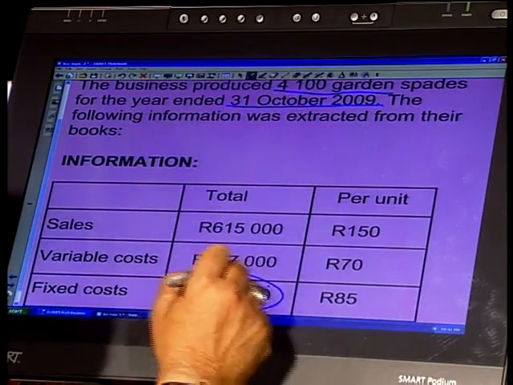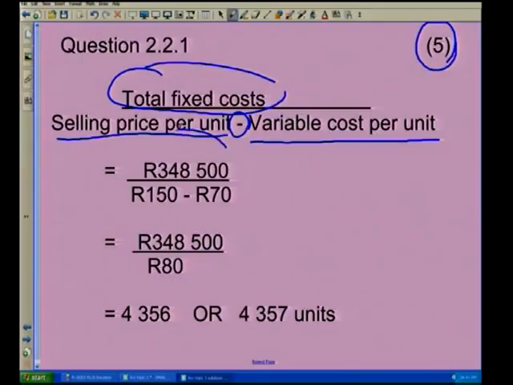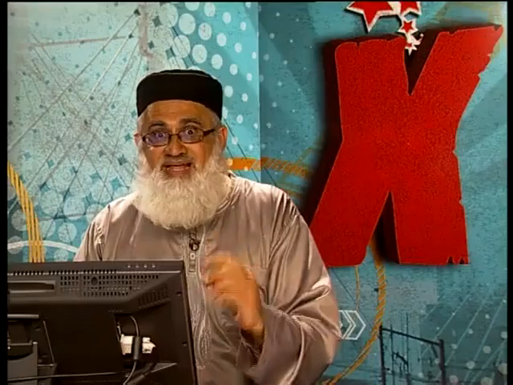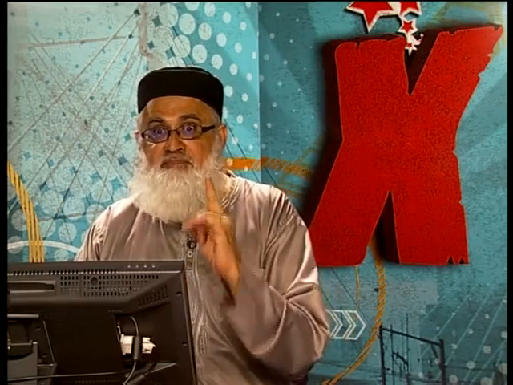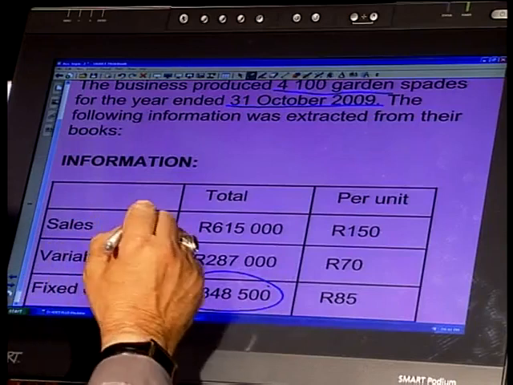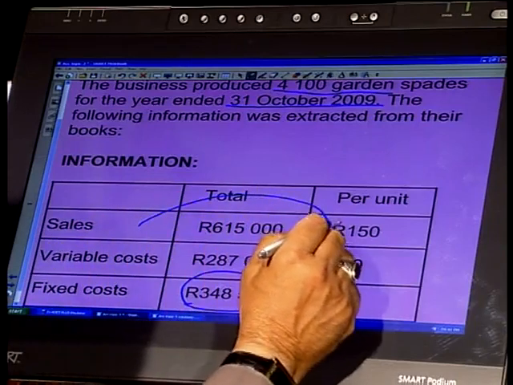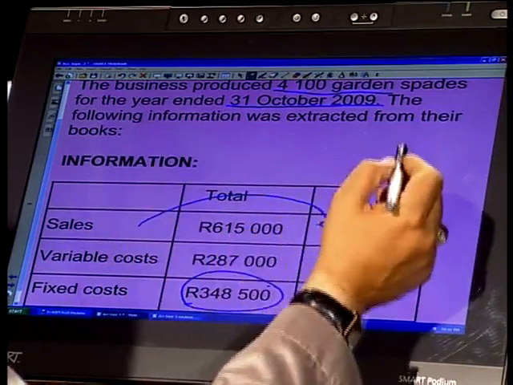Okay, let's look at the information that appears in the question. It says here that my total fixed cost is 348,500. Therefore, in my calculation, 348,500, that's my total fixed cost. I divide it by my selling price per unit.